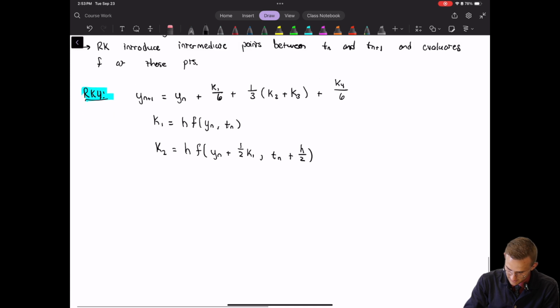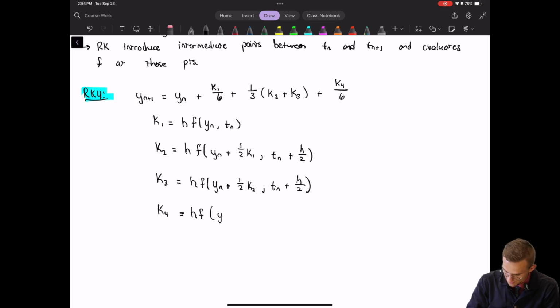Okay, and then k3 is equal to h times f evaluated at yn plus 1/2 k2, tn plus h over 2, and k4 is equal to h times f evaluated at yn plus k3 and tn plus h.